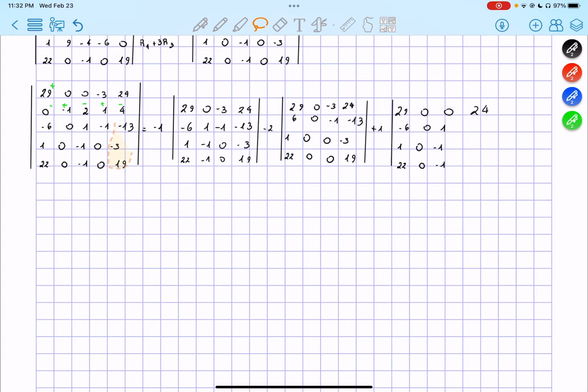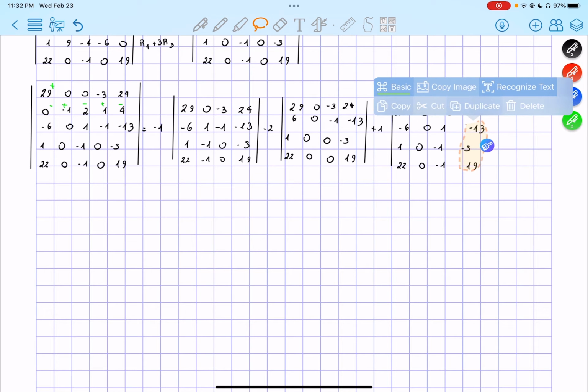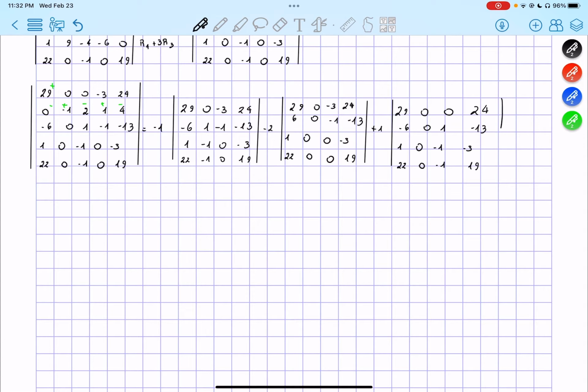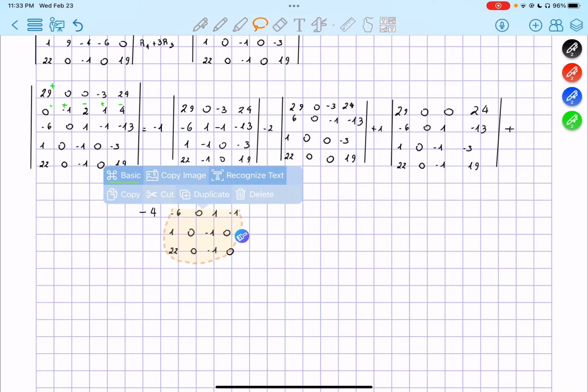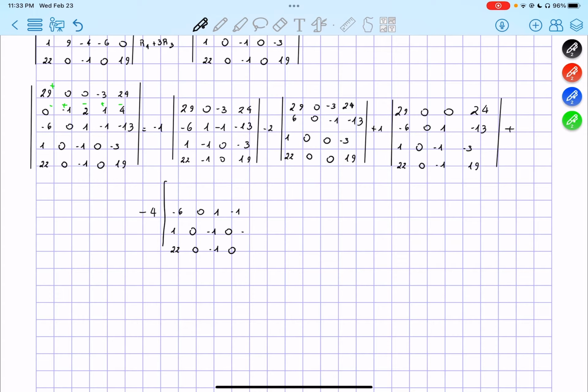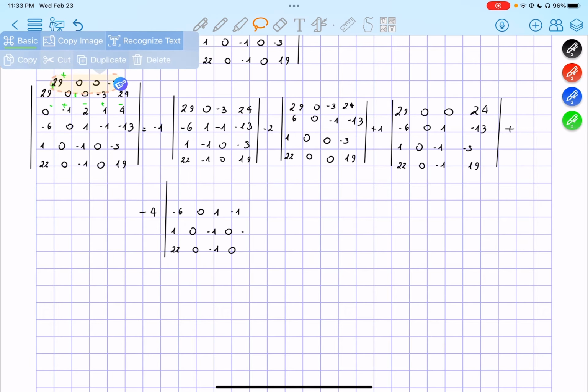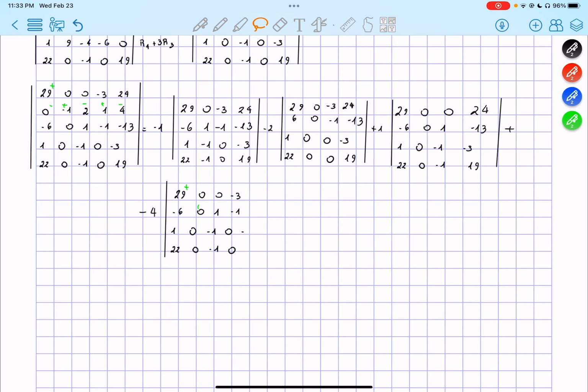And then the last row will be this. And then we have again -4. Just gonna put over here, plus over here, put -4 at the bottom. And then this part will be at the bottom of the matrix, and then the top part over here. Okay.